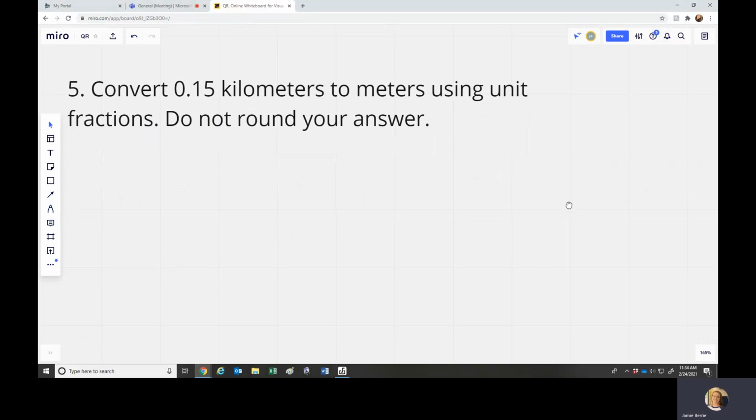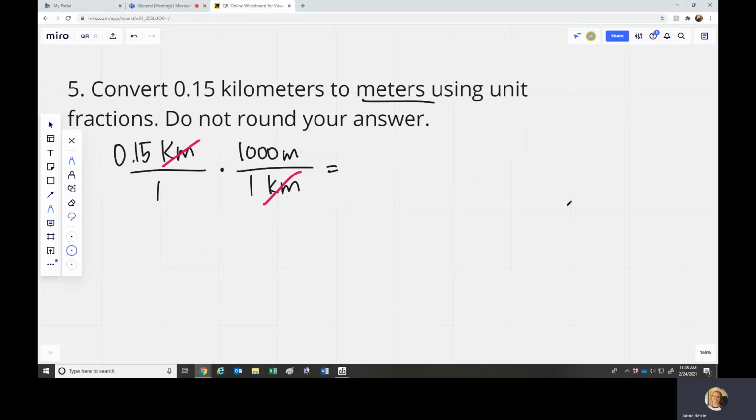All right, so convert 0.15 kilometers to meters using unit fractions. Do not round your answer. So we have 0.15 kilometers, km is the abbreviation for kilometers, over 1, times. We're trying to convert this to meters. So we know that in 1 kilometer, there are 1,000 meters.